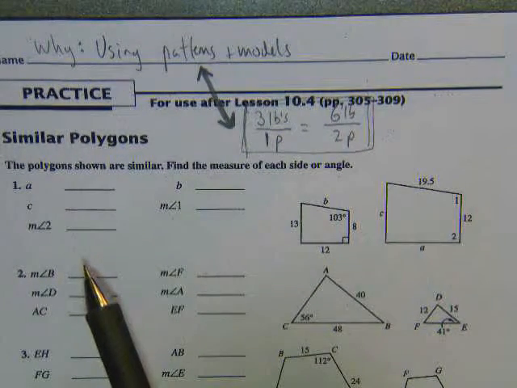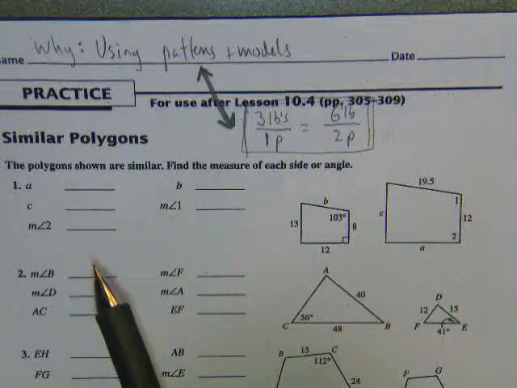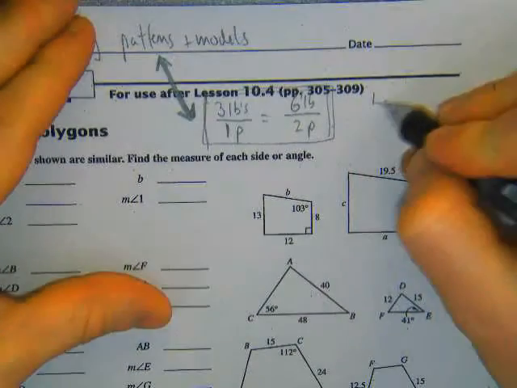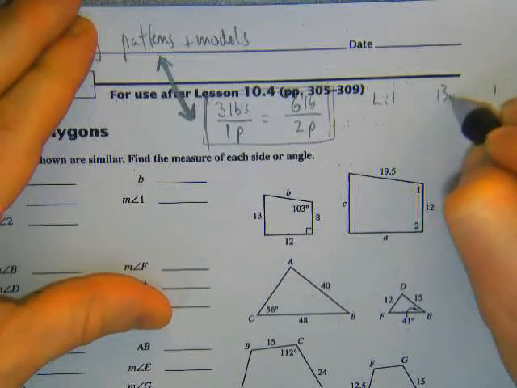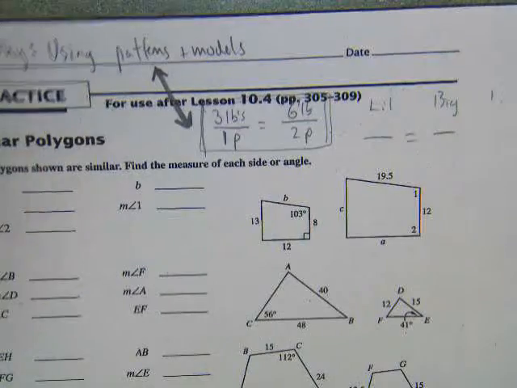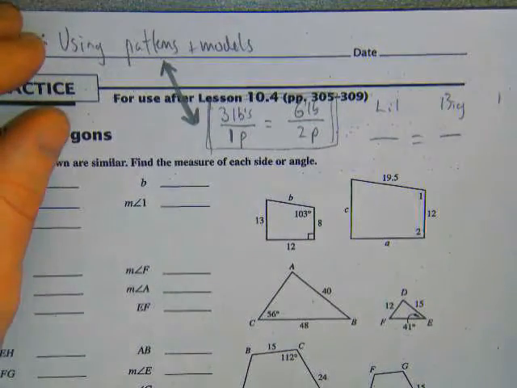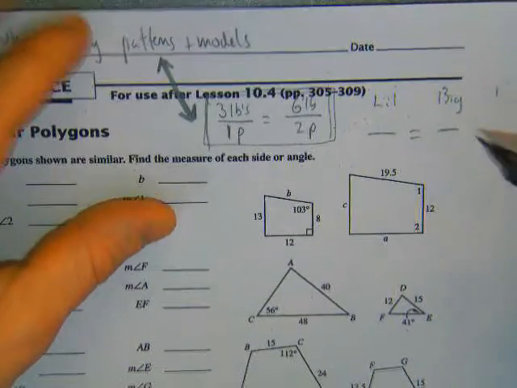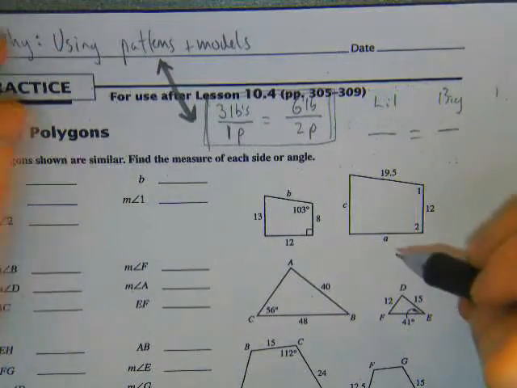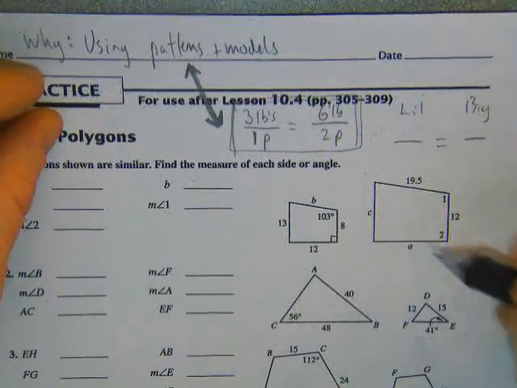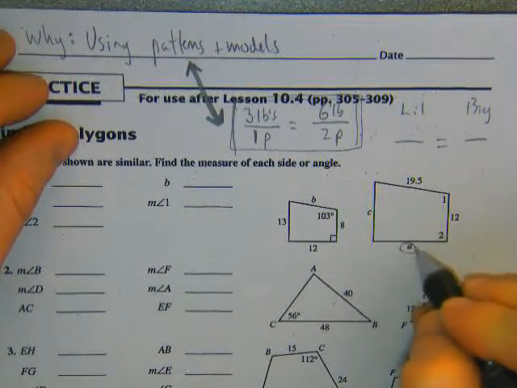So here's how I handle these. I do little and big, and I just start with that. This is all going to come from the little, and this is all going to come from the big. We're looking for A in the first problem. A is on the big.